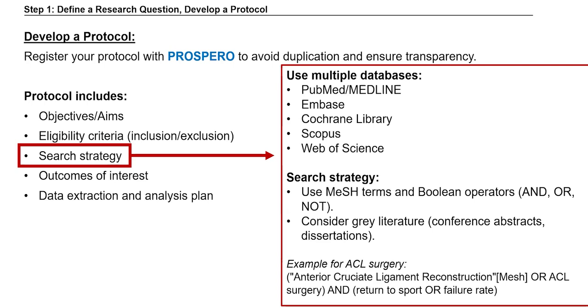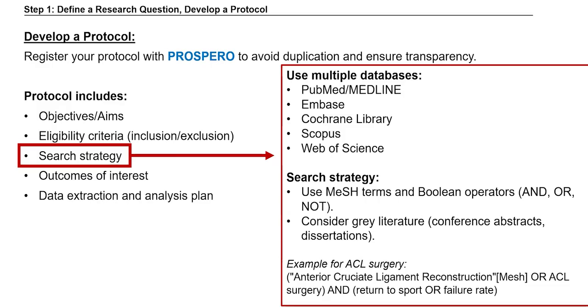An example here, like we have ACL reconstruction, which is based on MeSH. The term is anterior cruciate ligament reconstruction, but we also use ACL surgery or ACL reconstruction not to miss any other publication. Sometimes the authors don't use MeSH for their keywords, so we have to be as inclusive as possible to not miss anything.